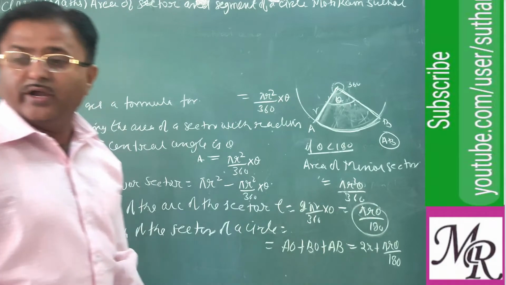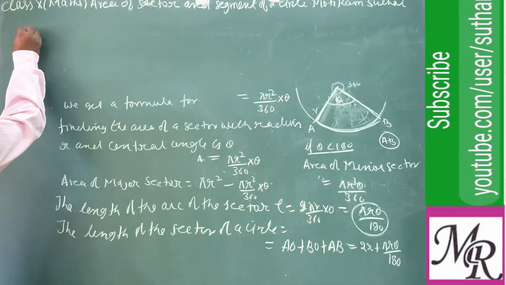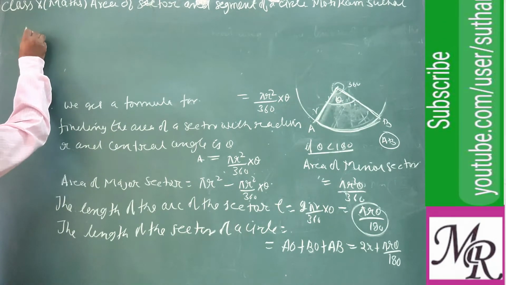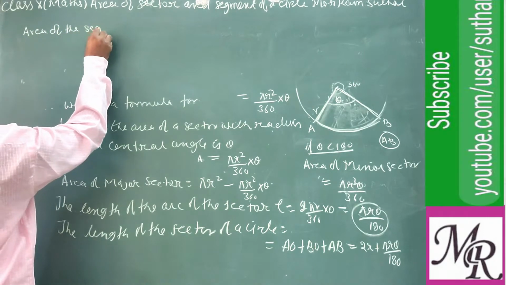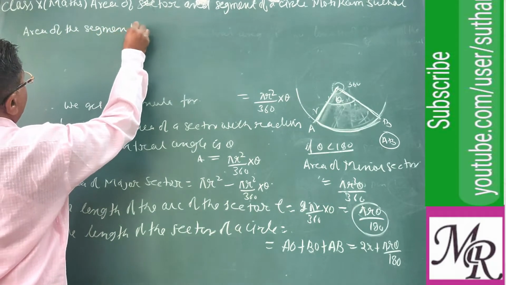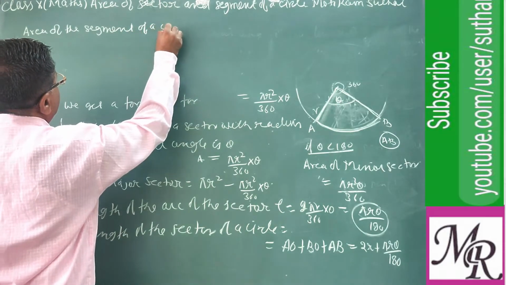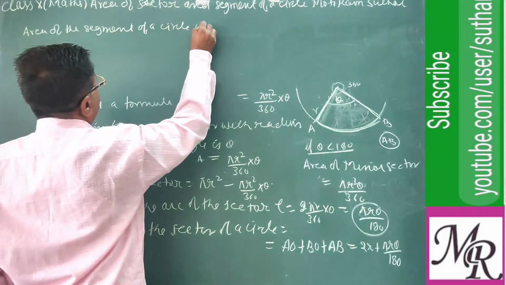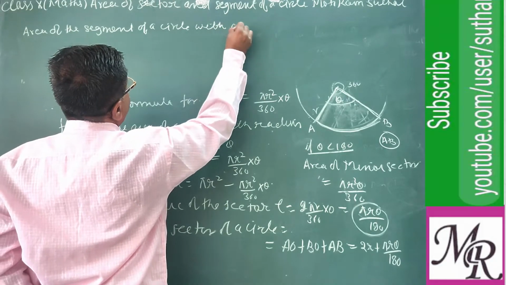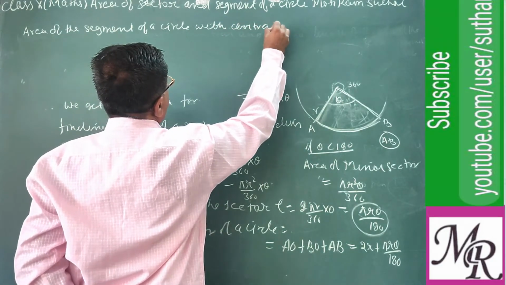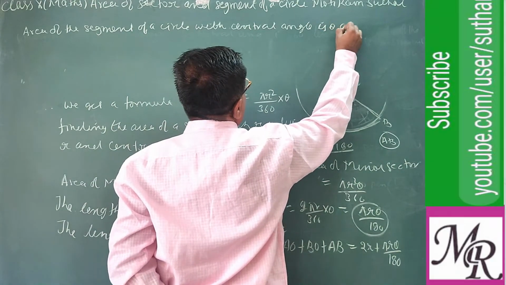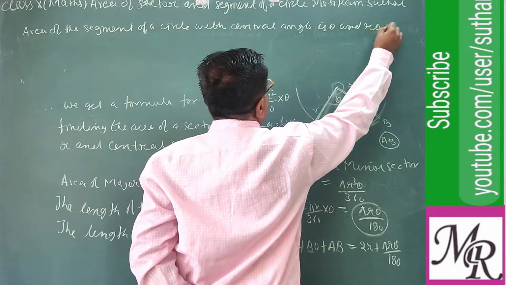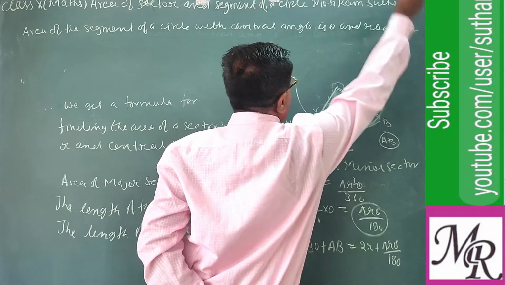Now one more point, we have to find the area of the segment of a circle with central angle theta and radius r.